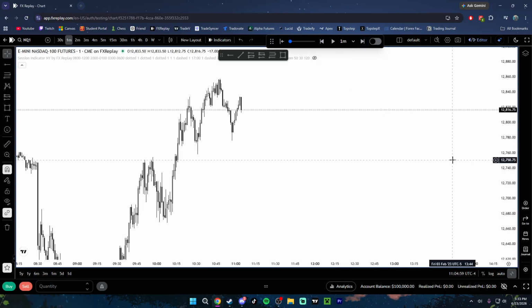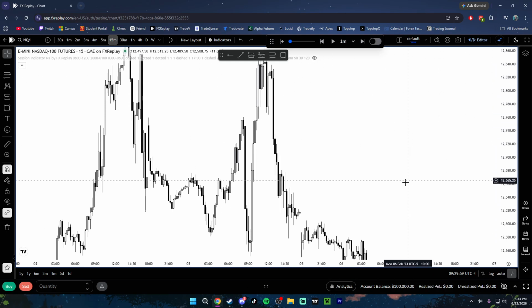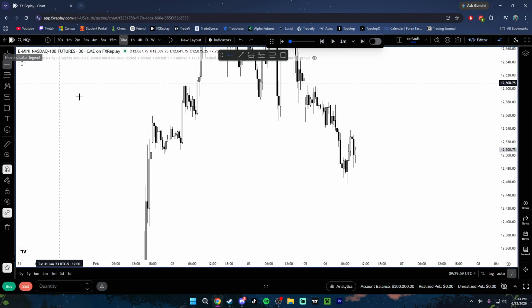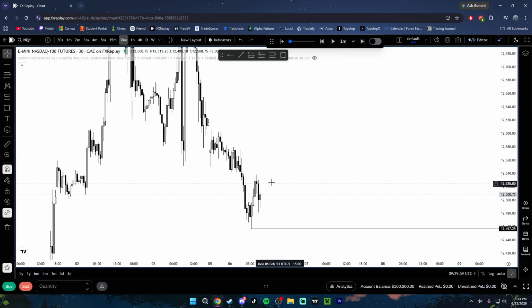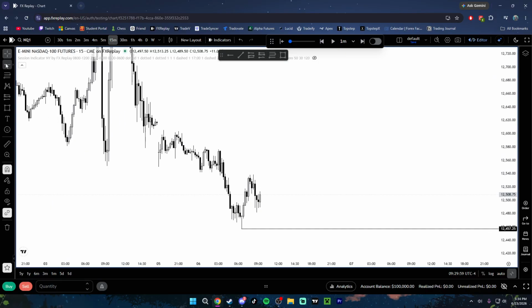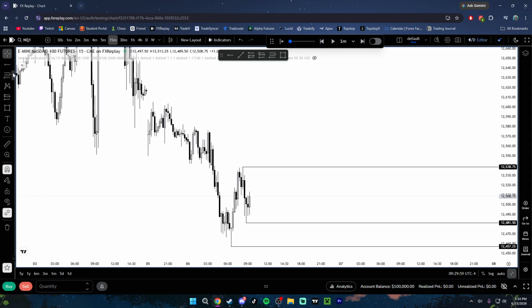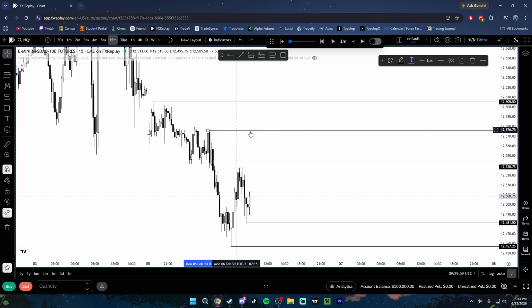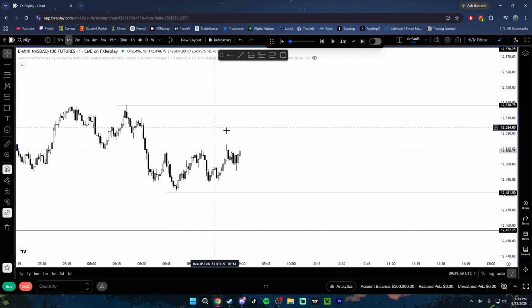Nothing clear. Now we have this slow down here. Slow down here. We have this opening gap and the side up here. Alright. Let's see what happens.